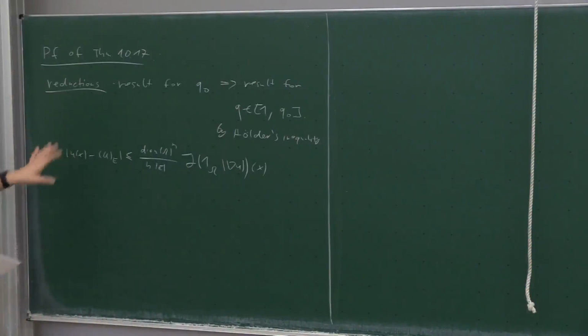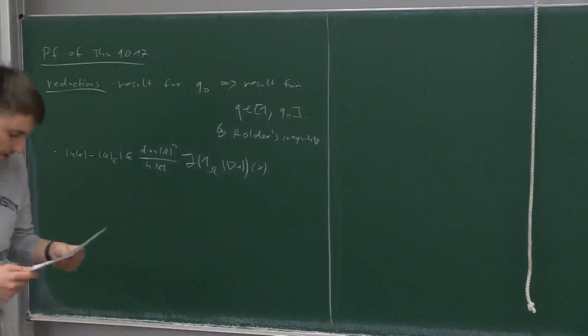Exactly. So this we just get from combining the previous lemma with the definition of the Riesz potential, and then we can follow the same scheme here, that we use mapping properties of the Riesz potential to deduce the inequalities that we are interested in.